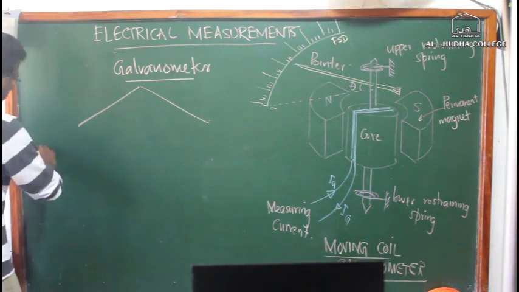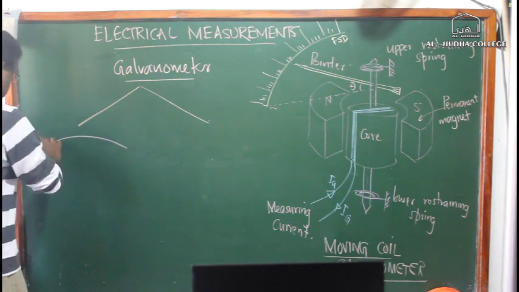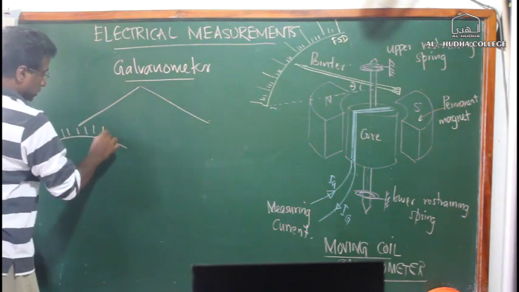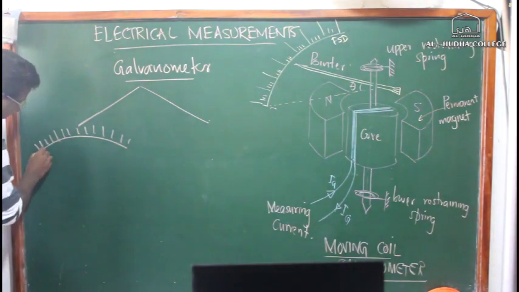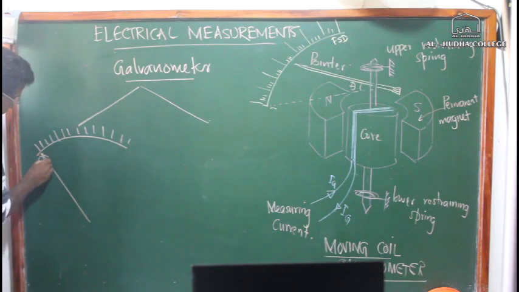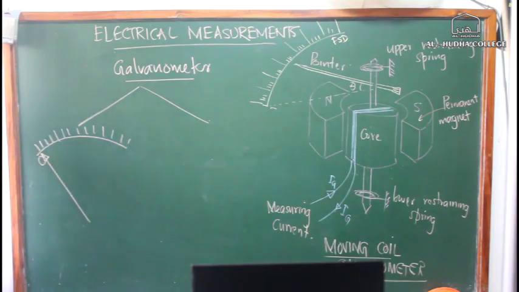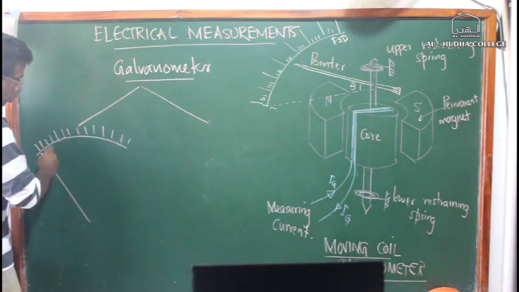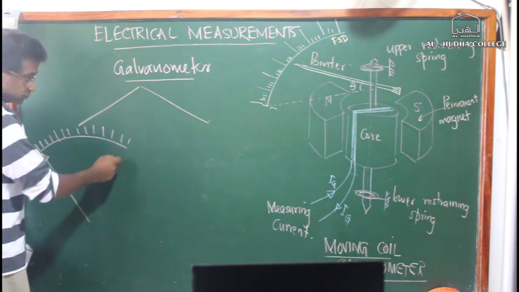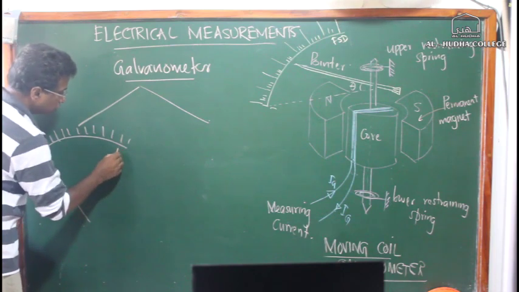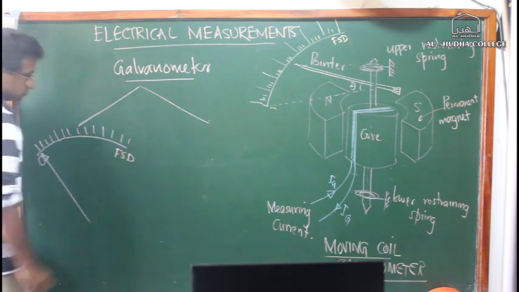So the scale of the galvanometer may start from 0 at one end, right, and go to the maximum measuring point, right? We call this full scale deflection.